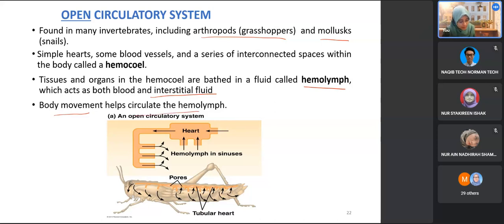Because the heart will pump the blood into open-ended blood vessels, this will reduce the blood pressure, and in order to help the blood supply nutrients or oxygen to every part of the body, to every cell of the body, it depends also on body movement to help circulate the hemolymph.